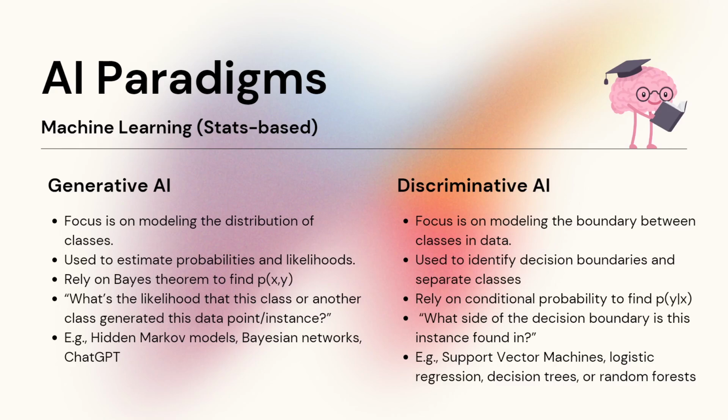And we're going to talk a little bit more about the details of generative AI specifically, but be aware that there's this difference. And the difference relies on the type of statistics that they use. Generative AI is a Bayesian thinker, and I'm going to come back to this idea. And discriminative AI simply relies on conditional probabilities to classify data.